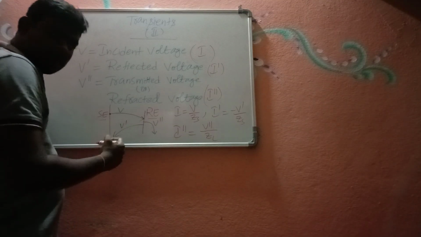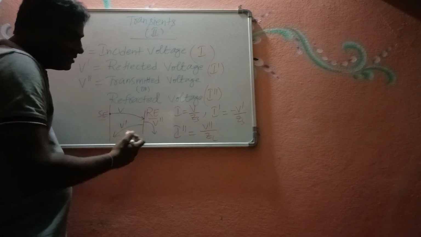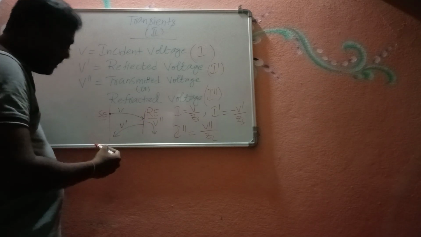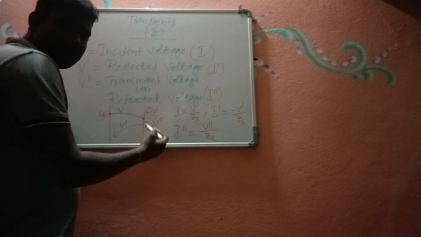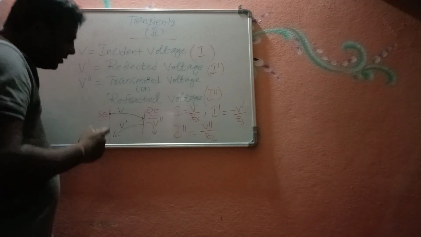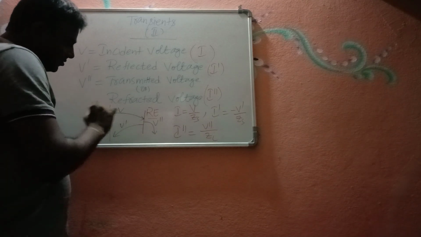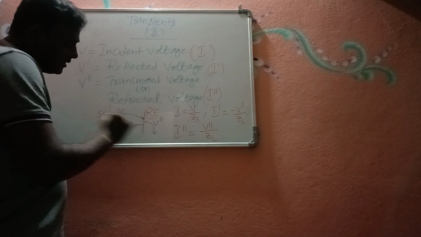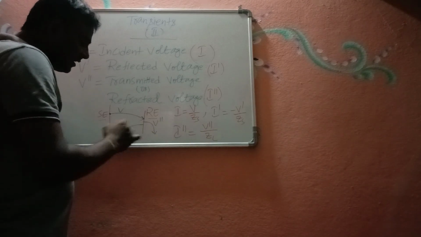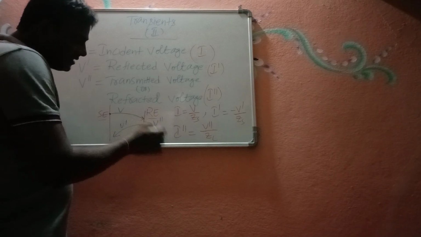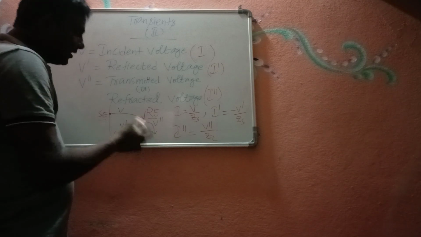One is the reflected voltage, which comes back from receiving end to sending end, and the other is a voltage that appears at the receiving end. So the incident voltage is divided into two different voltages: one is the reflected voltage and the other is the transmitted voltage.